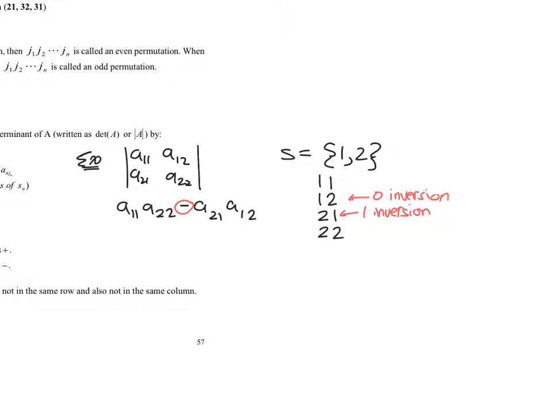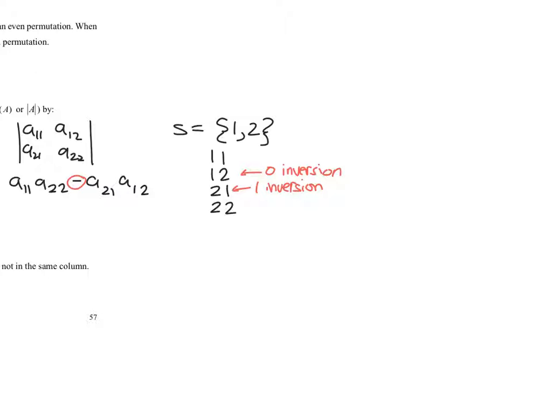All right. So if I'm looking at the even cases, they represent a positive value. All right, so this is going to be positive. Odd inversions are negative.